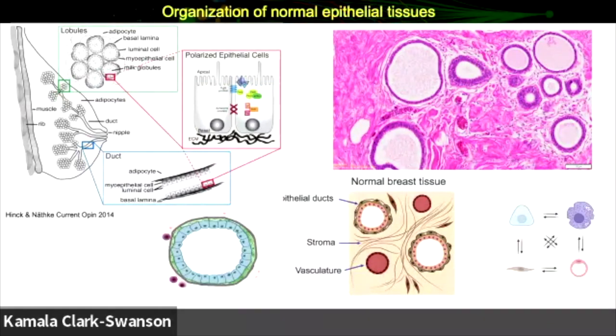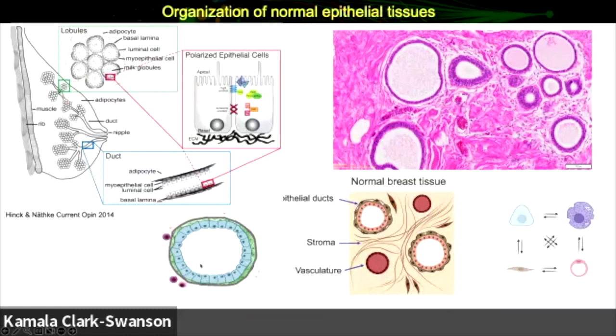In this case, it's breast epithelia, where you have the duct, the branching epithelial tree, that is located and surrounded by stroma. So in the breast epithelium, you have two layers of cells, myoepithelial cells and luminal cells.